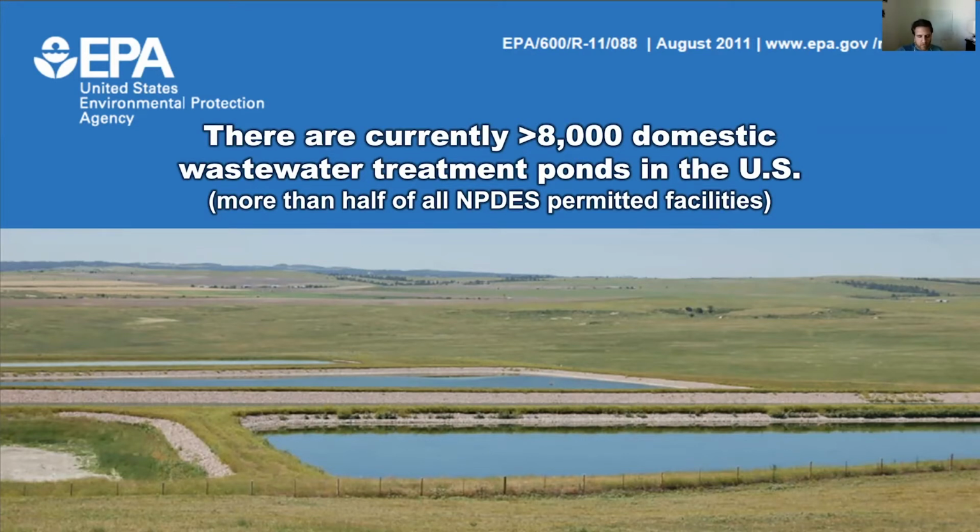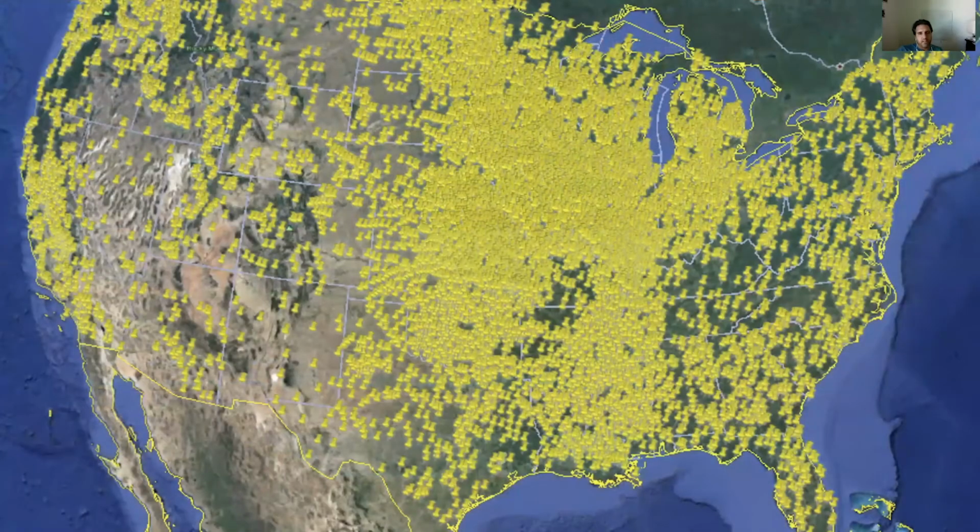So they're not talked about too much in the literature. We don't focus too much on their design in this class, but I do want you all to understand that these systems exist and they're very common, especially in small towns and in other countries as well. And this is just a map showing the location of all the pond systems in the US according to the EPA database as of the year 2000.